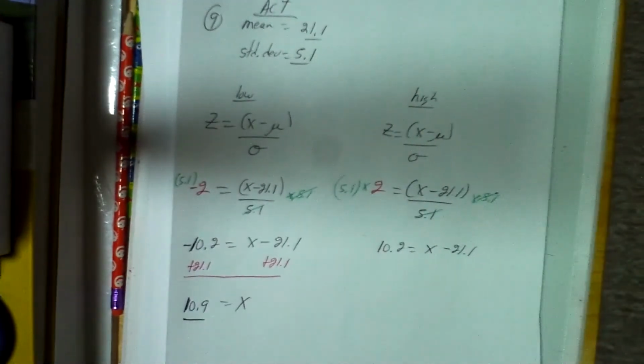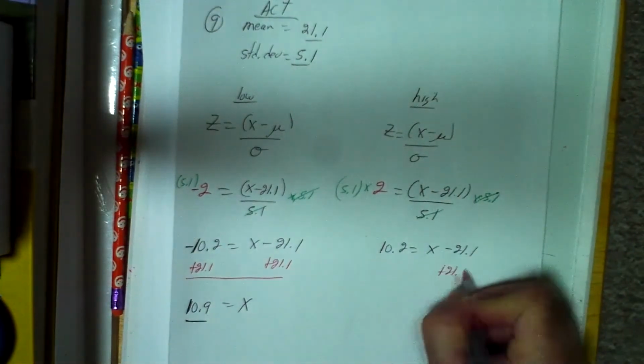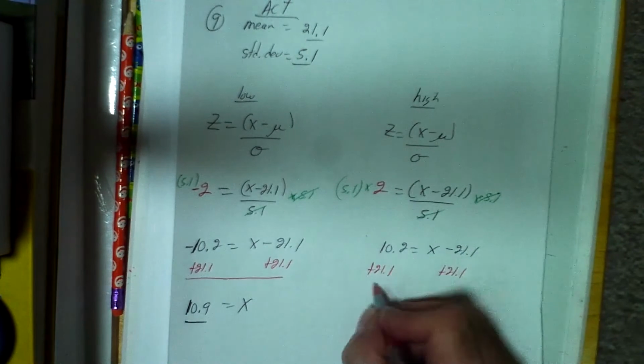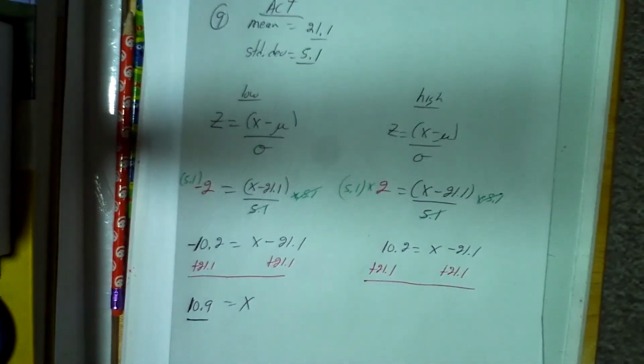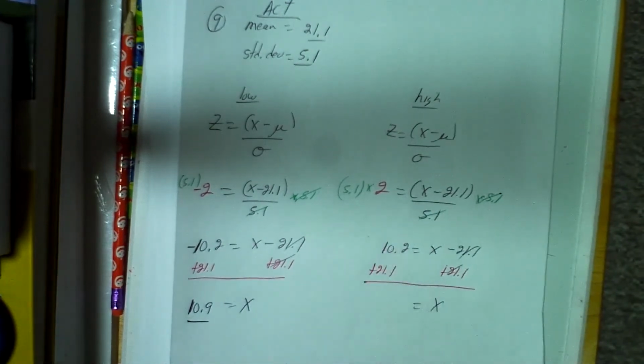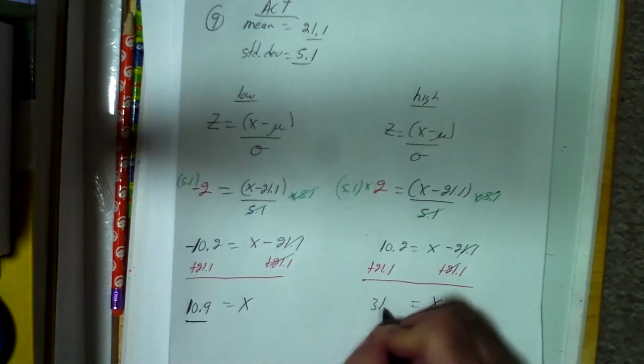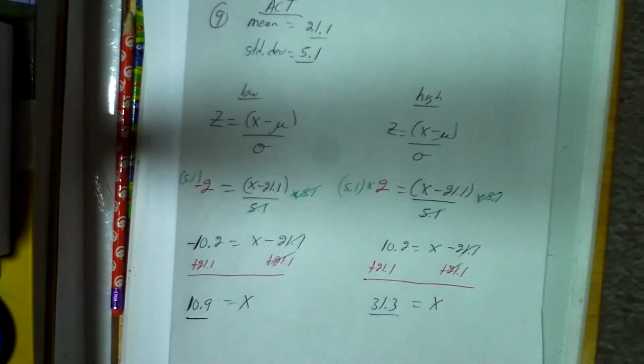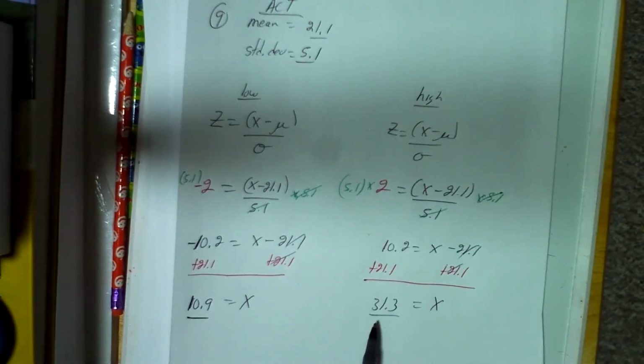And then for this one, I add 10.2 plus 21.1, which is 31.3. So if you want to be in the unusual range, you need to score on your ACT between 31.3 and 10.9.